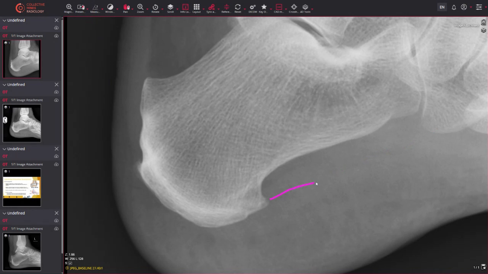This is basically a band of soft tissue that acts like a bit of a buffer, and the insertion is here in this area. And what happens is over time you get repetitive strains, and that can cause a buildup of excess bone at the site of the insertion, known as enthesopathy.